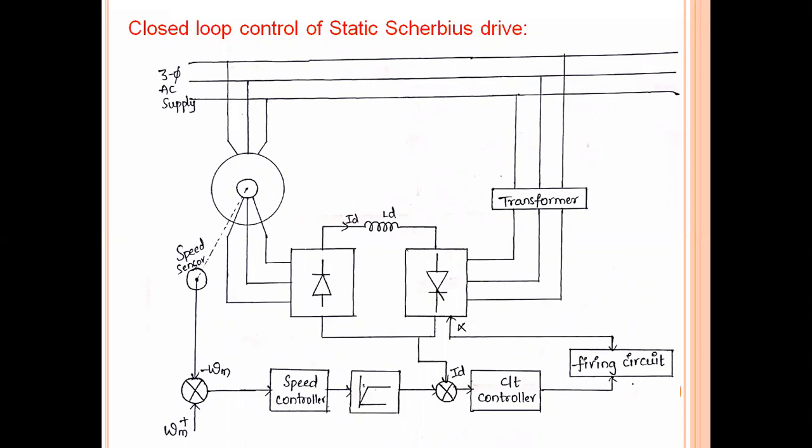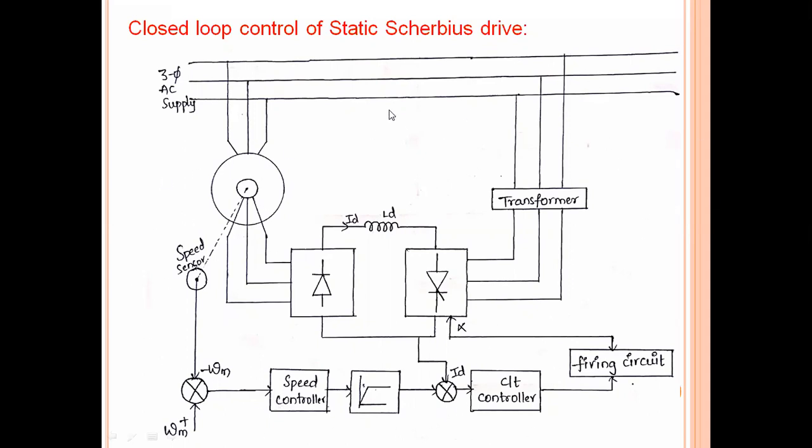To maintain constant fluid flow with variations in the pressure head and the nature of the pumped fluid, the drive is operated in closed loop operation. For that purpose, the closed loop operation of a static Scherbius drive is shown in this figure.